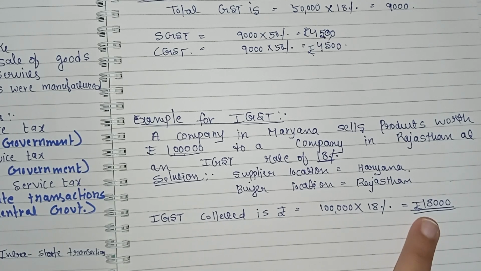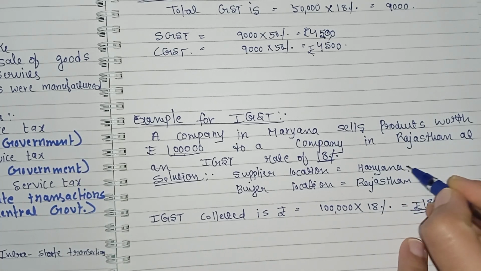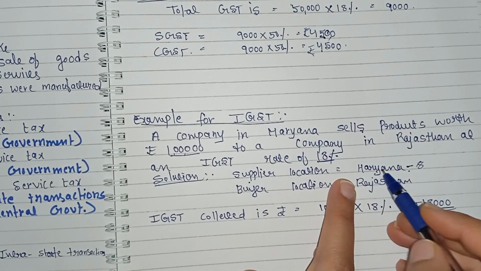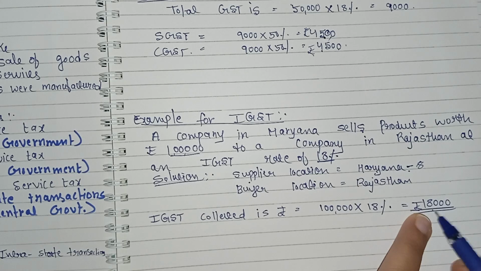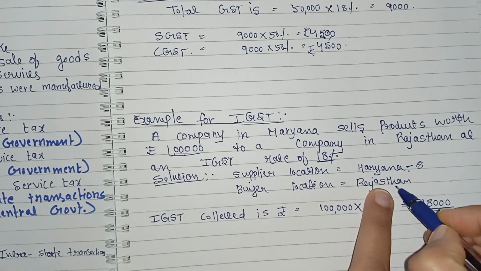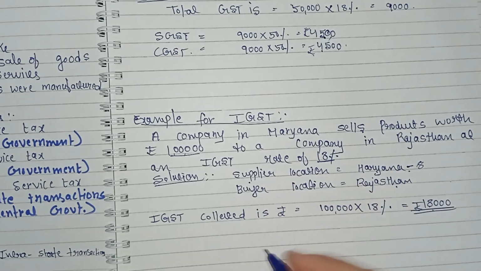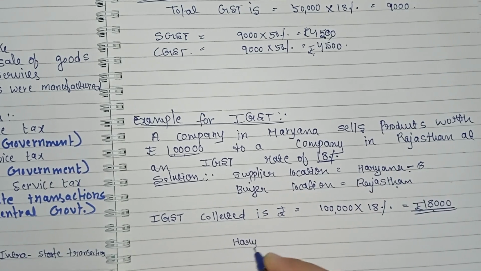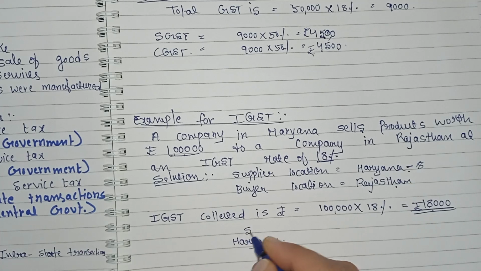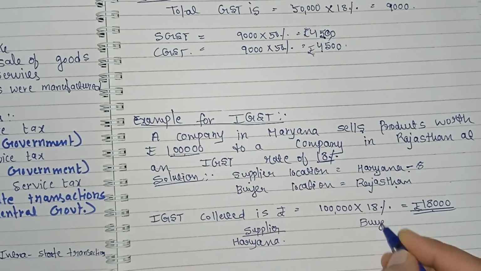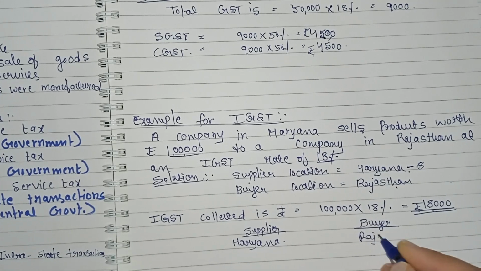Now what happened? The supplier in Haryana collects rupees 18,000 as IGST from the buyer in Rajasthan. Here Haryana supplier and buyer, that is Rajasthan.